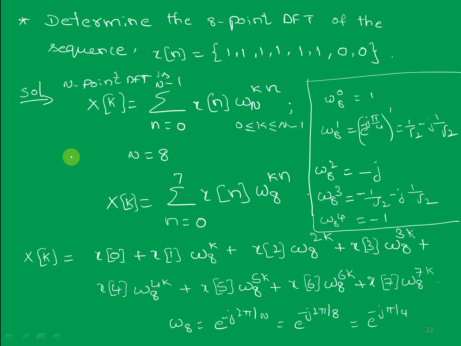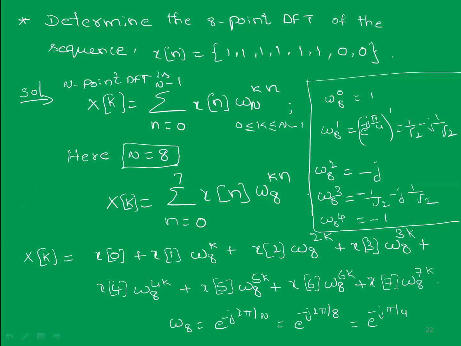Here in this case N is equal to 8. So substitute N equal to 8 in this equation. Then X of k is equal to summation n equals 0 to 7 x of n W_8 power kn.